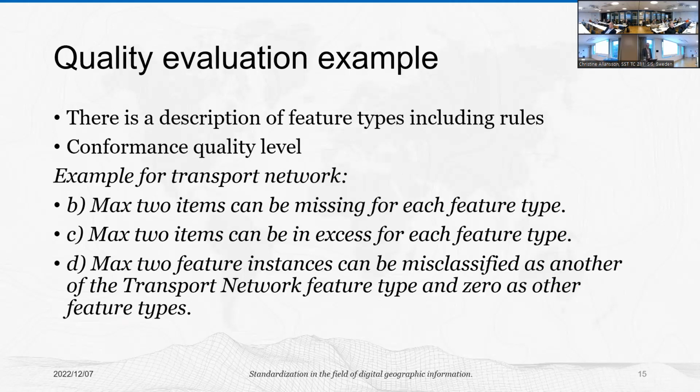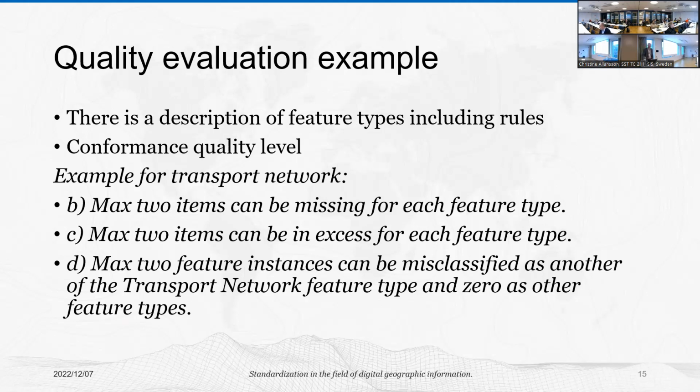Now we're coming to some quality evaluation example. There is a description of feature types, including rules and conformance quality level, in the specification. This is an example from a transport network we will go through. It says in the specification that max 2 items can be missing for each feature type.